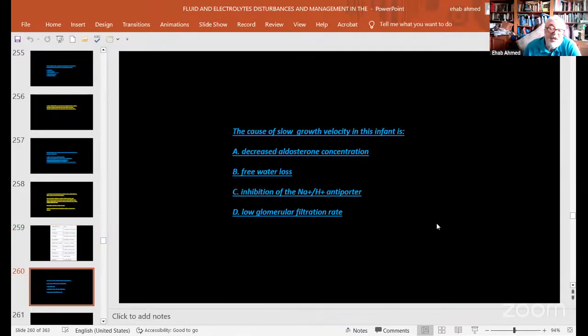The cause of this low growth velocity in this infant is: decrease in aldosterone concentration, free water loss, inhibition of sodium hydrogen antiporter, or low glomerular filtration rate?